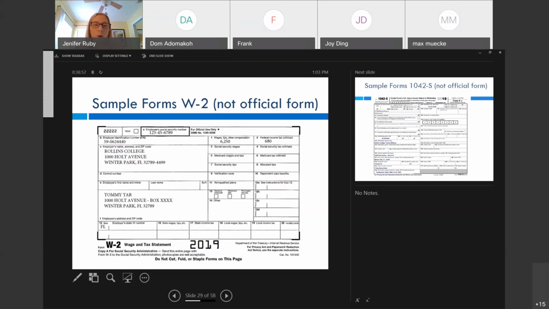And then item 1 is where the actual wages are listed, so $6,250, and how much that employer estimated and already withheld and paid to the IRS. The federal income tax withheld for that individual was $680. We're going to be using these in order to fill out some sample 1040 NREZs. They may not look exactly like this because there are different versions.